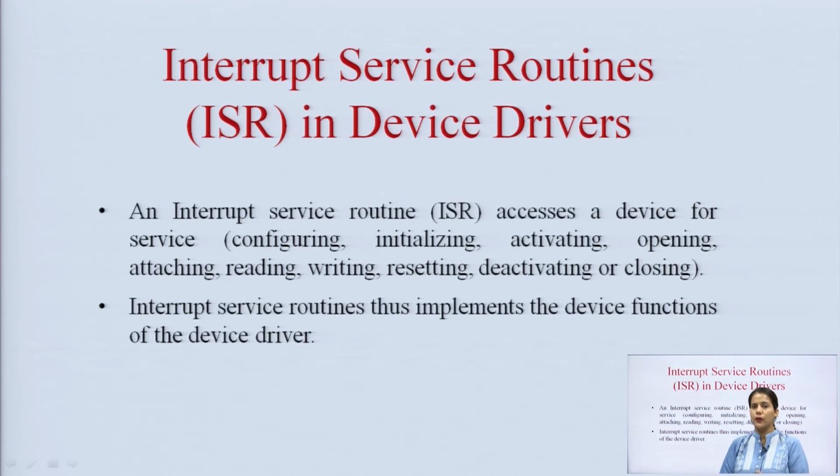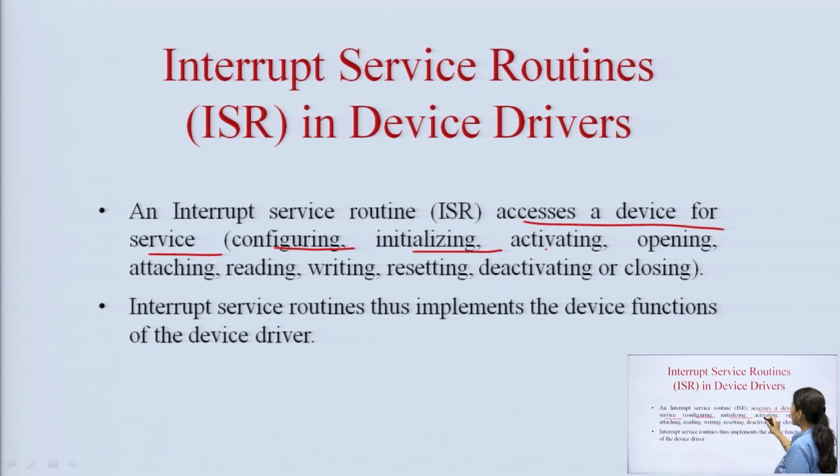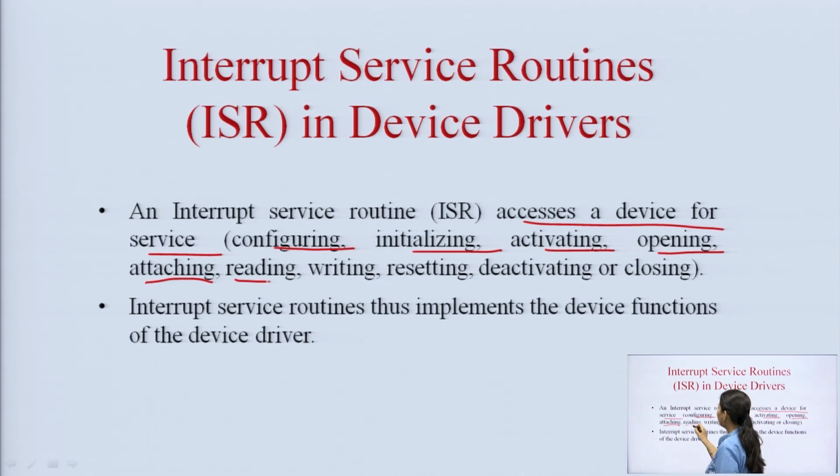So, when a particular interrupt occurs, or we can say an external event triggers our main flow of the program, and it needs access to a device for service, that is configuring, initializing, activating, opening, attaching, reading, writing, resetting, deactivating or closing.